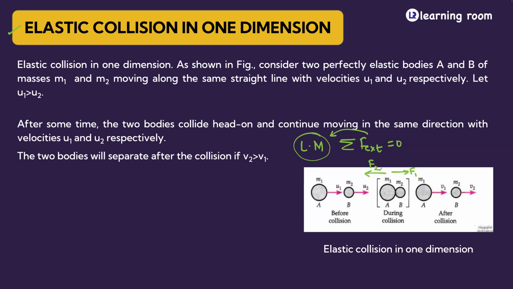Now, if these two are considered to be a rigid body, what do you think is going to be the relation between F1 and F2? F1 will be equal to F2.